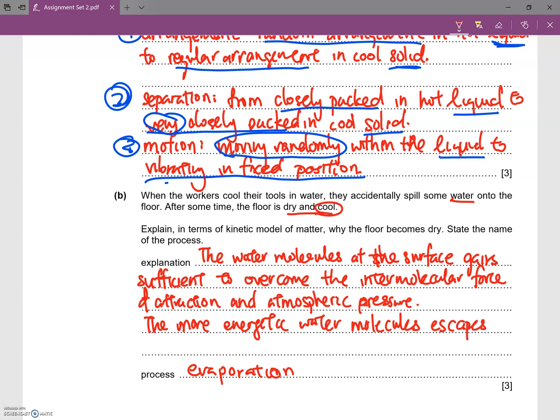So this is 3 marks: 1 mark for the process, and the explanation will be another 2 marks. So this is for question 5.